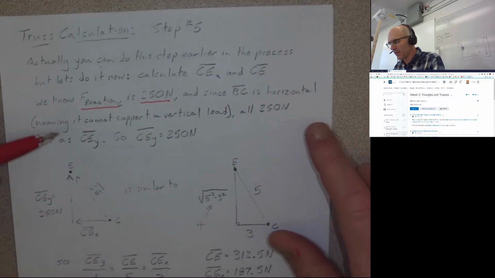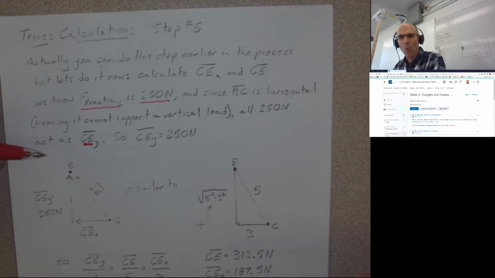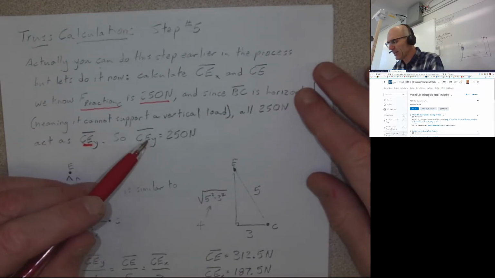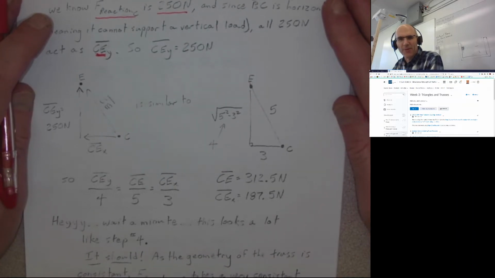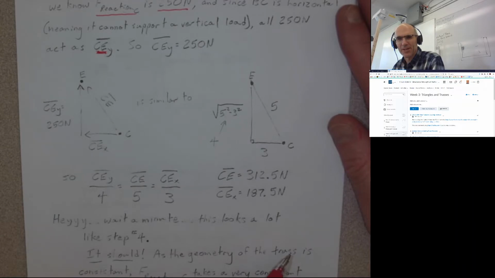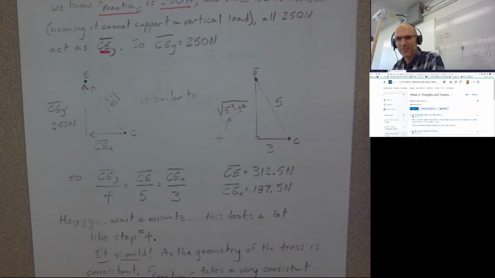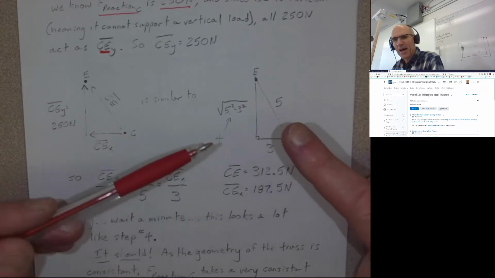All 250 newtons are being expressed through CE in the Y or vertical direction. So CEY is going to equal 250 newtons. And you're probably recognizing a pattern right here. Look at that. I've done Pythagoras on this 3, 4, 5 triangle for the 3rd time today. 4th time? Okay, it's getting a little bit boring.